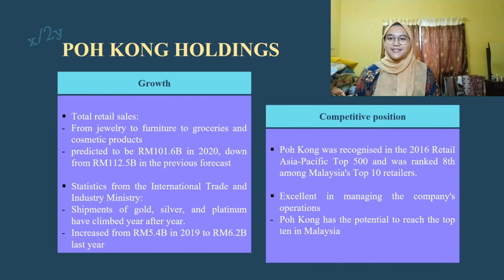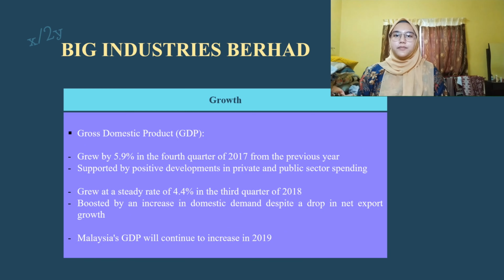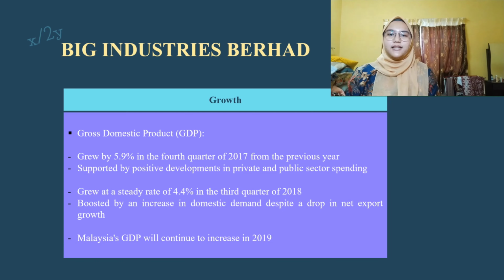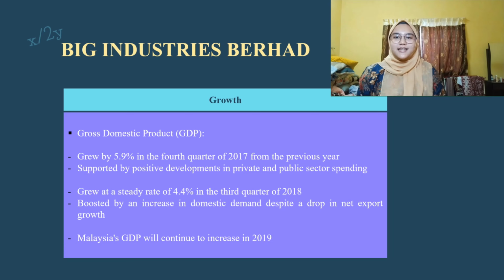The Malaysian economy, as measured by GDP, grew by 5.9% in the fourth quarter of 2017 from the previous year. This is because it is supported by positive development in private and public sector spending. Meanwhile, the Malaysian economy grew at a steady rate of 0.4% in the third quarter of 2018, boosted by an increase in domestic demand despite a drop in net export growth.